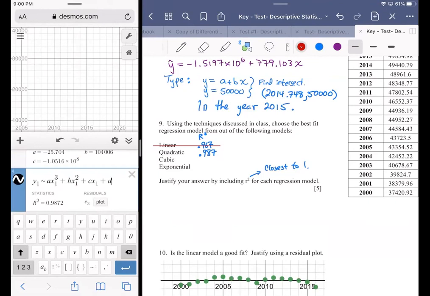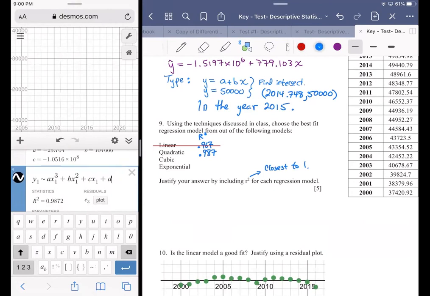I'll put it in the announcements later so that you can copy paste and have it. But this is what you would type in for a cubic regression. So 0.987 again. The other one was 0.9872 also. So now it's like, well, which one's the winner? So I'm going to put them both down as 0.9872. So it looks like we have a tie.